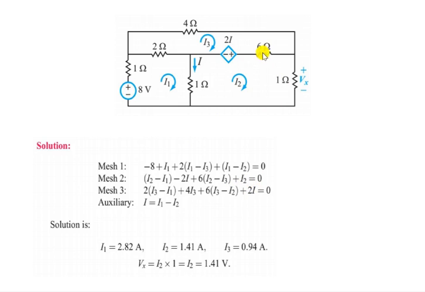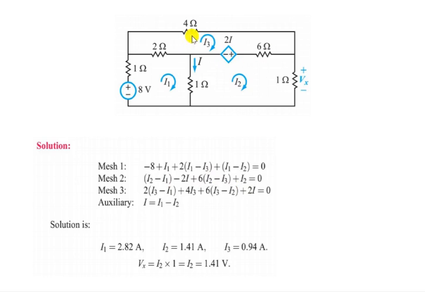Now for this case, for I1 it is minus 1, 1 into this, so minus 1. I2 is nothing but 2 plus 6 plus 1, so that is 8. 6, 1 and 1. For I3 that is minus 6.